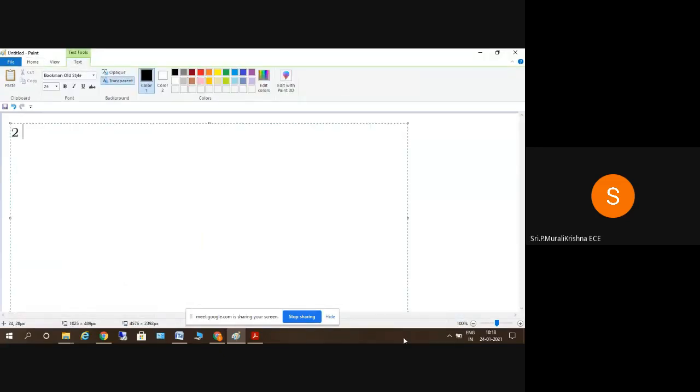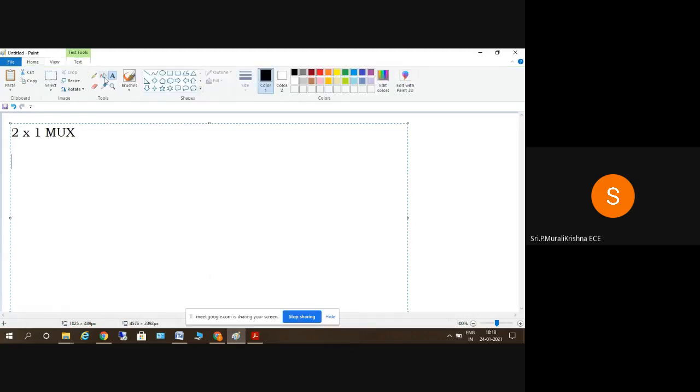We'll check with a 2:1 multiplexer. First of all, the block diagram. You can use a normal wedge shape, or we can use this kind also, no problem.